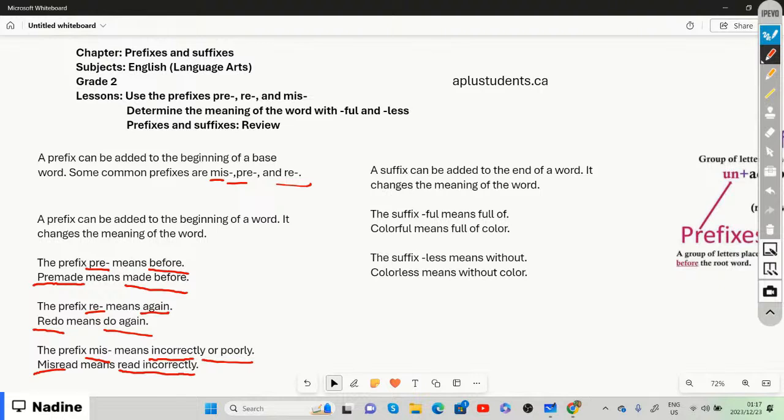Misguide, it's like you are not guiding people correctly. And there are quite a few other words with the prefix miss. But the prefix miss means either incorrectly or poorly. The prefix re means again, and the prefix pre means before.